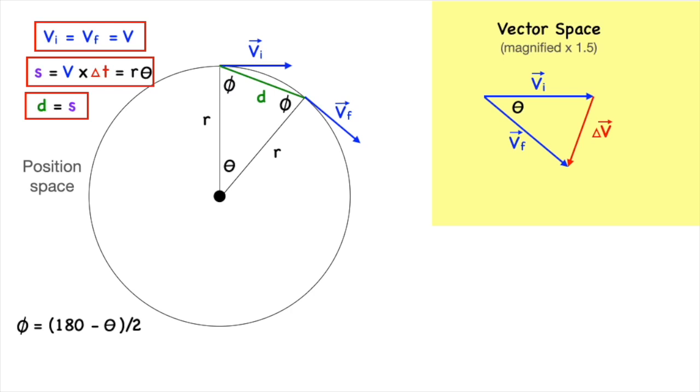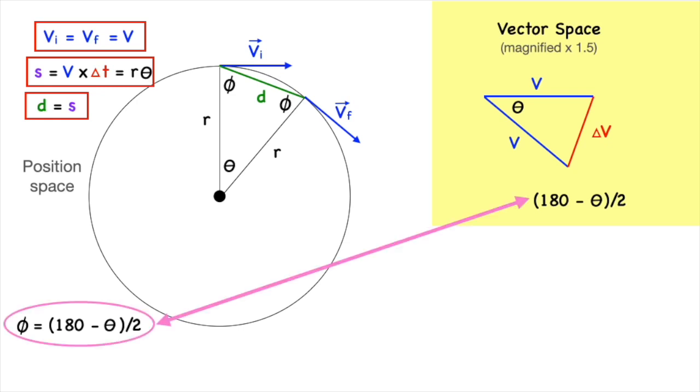I want to draw attention to the fact that the triangle in vector space is an isosceles triangle, so I am going to transform the velocity vectors to line segments and label them with their magnitudes. The angles at the base must be the quantity 180 minus theta, all divided by 2, or phi.